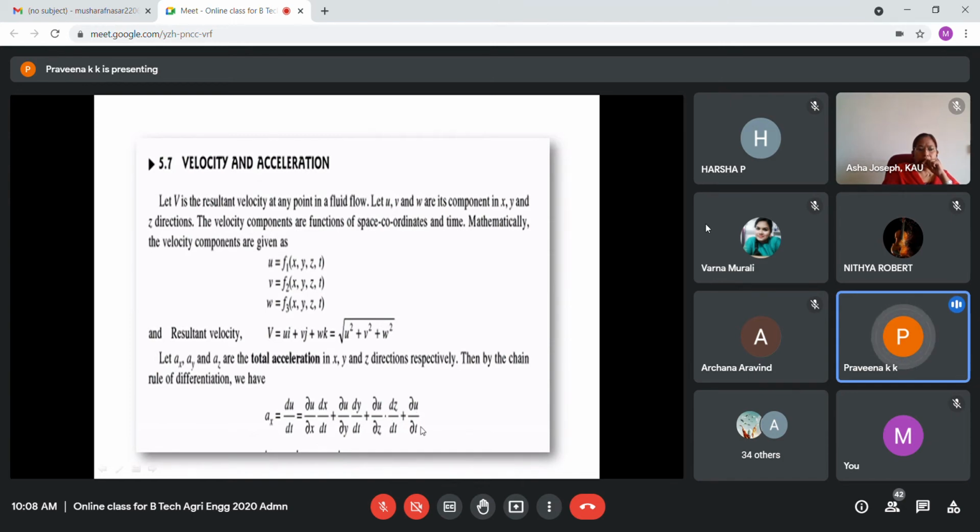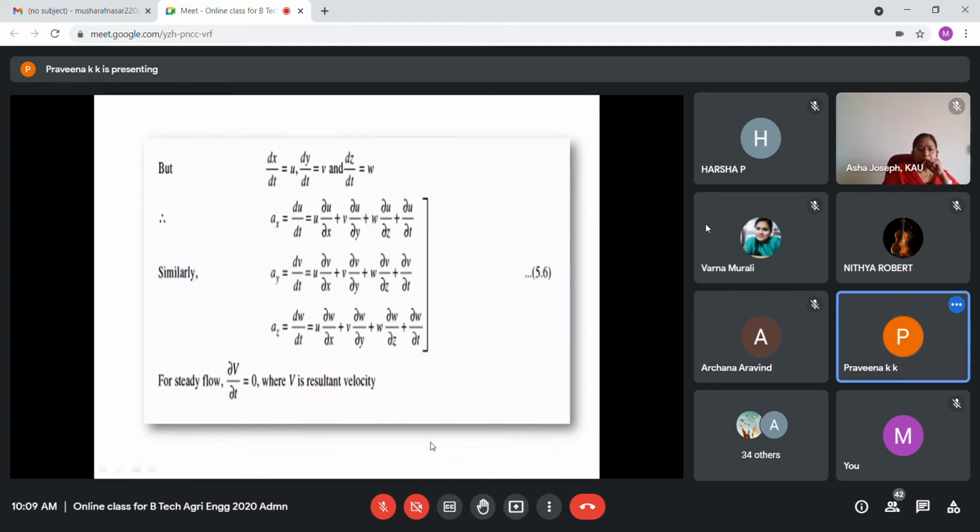Like that, the other accelerations can also be written. ax equal to du by dt, that was already discussed in the previous slide. Similarly, we can write ay equal to dv by dt.